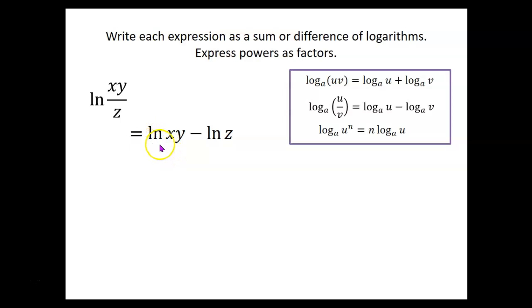So this turns into ln of xy minus ln of z. See something else we can do now? Where we have ln of xy, we can turn that into ln of x plus ln of y. And then we've still got minus ln of z. And now we're done. We've broken this apart as much as we can into a sum or difference of individual logarithms.